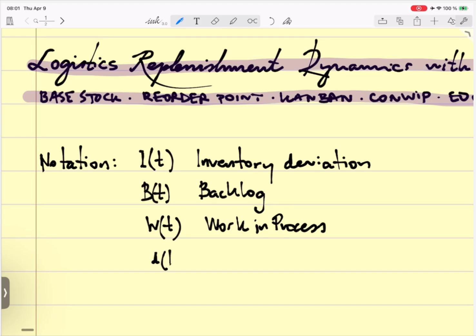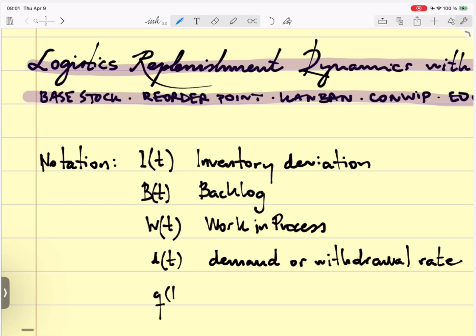D of t is demand, or withdrawal rate, the speed at which I get material or products out of the shelf.